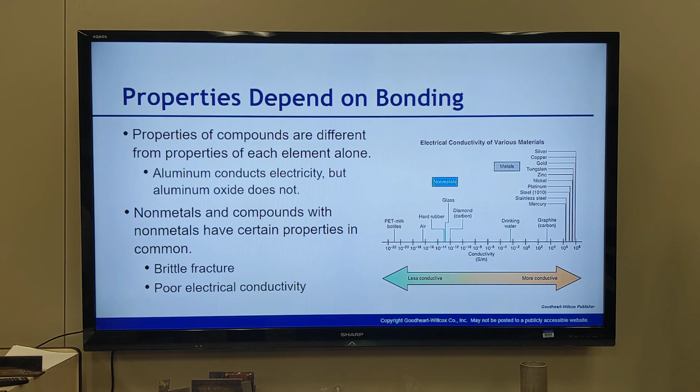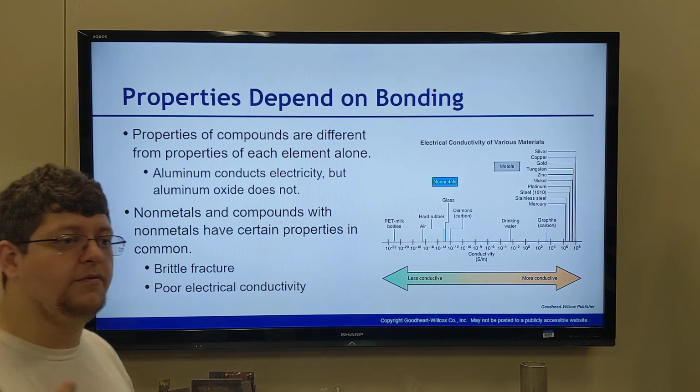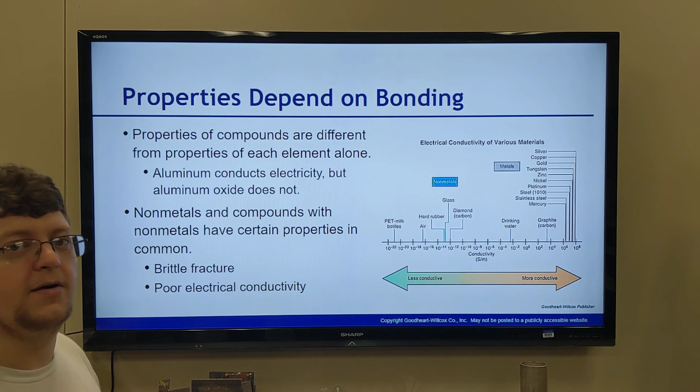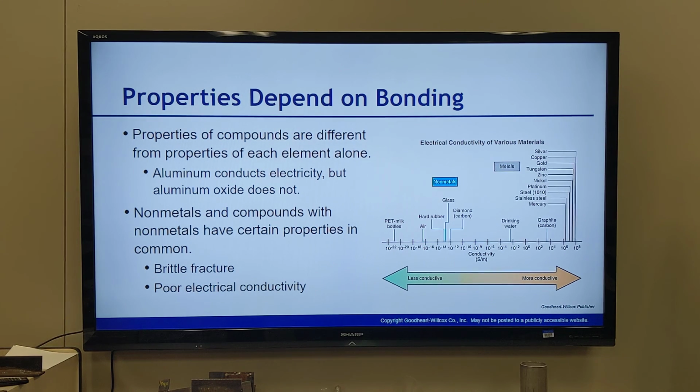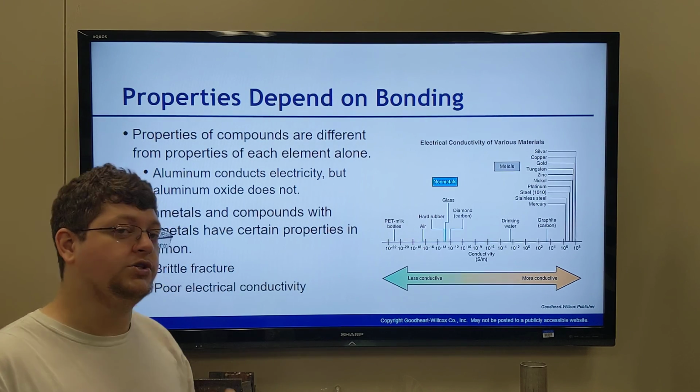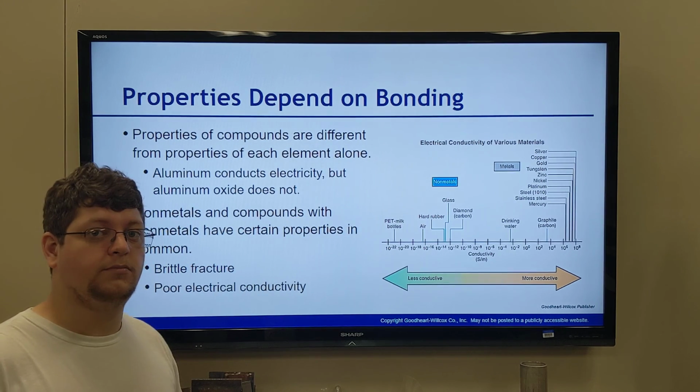That's why when you're running wire for a house, you run copper wire. In your cell phone, they use silver solder on top of gold wire because they're extremely good conductors. That's also why your phones cost so much, because they have gold in them.